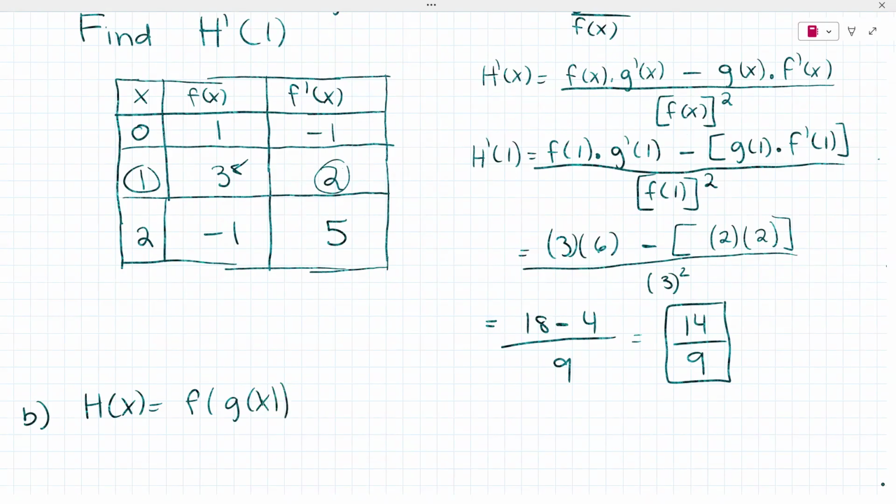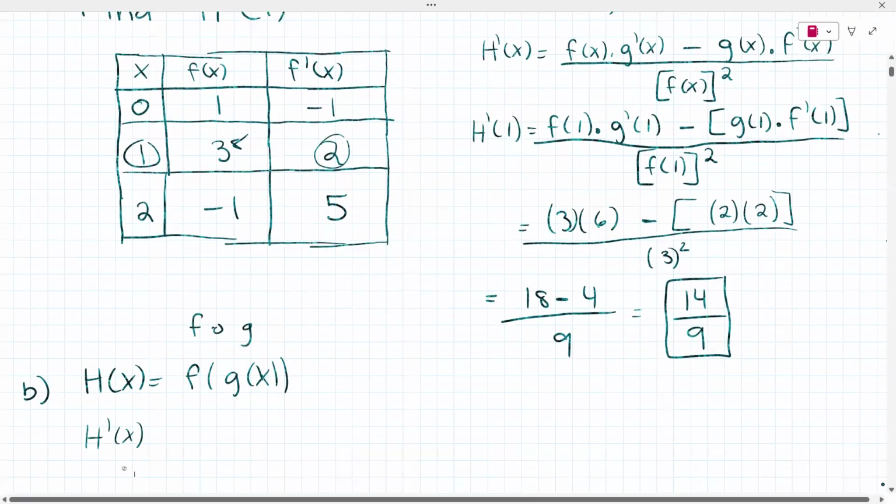So if h of x equals f of g of x, it's the same thing as f composed with g. They want you to find h prime of x. So this is basically a chain rule. And then they want you to find h prime of 1.